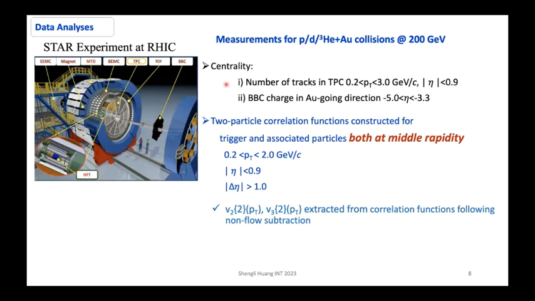So STAR measured the two-particle correlation with both particles measured in the TPC at mid-rapidity, and we also do the measurement with two kinds of centrality. One, we use the multiplicity at the same rapidity as the particle to do the two-particle correlation. We also use the BBC, which is at backward rapidity, so we can avoid the autocorrelations.